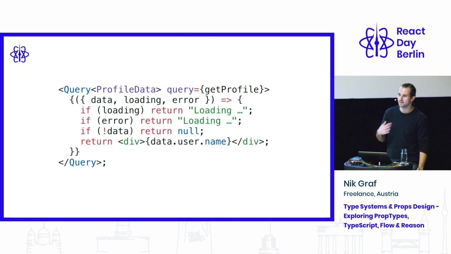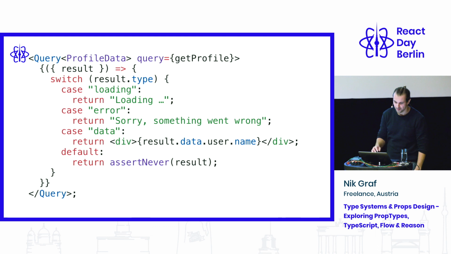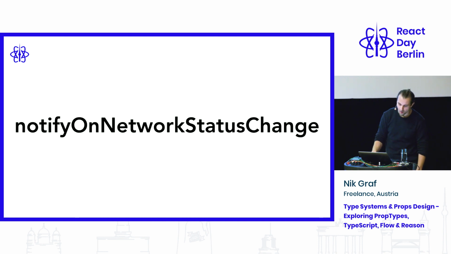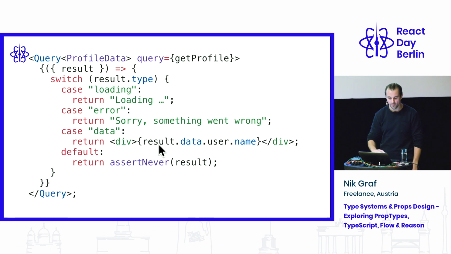So what does this mean for this design? This is our 99% use case. We make one query component where we cover exactly this and set notify on network status change to false. And then we make one extra component where this is set to true, and we do the same thing, but with these two extra cases that can happen.